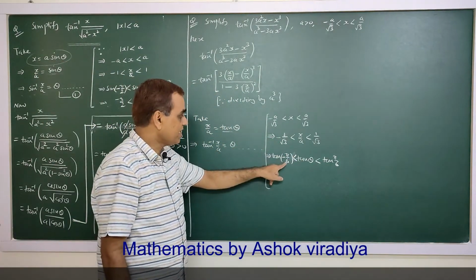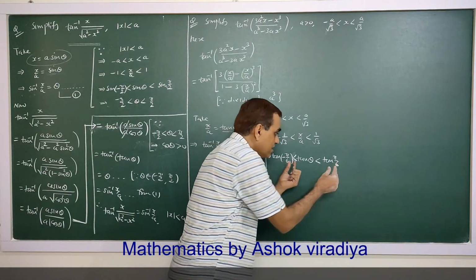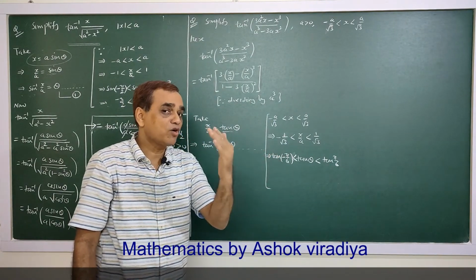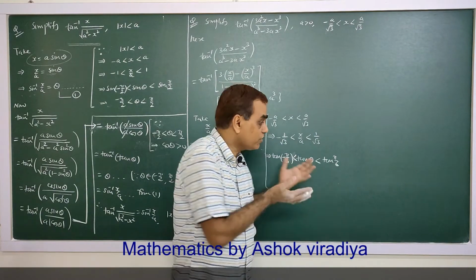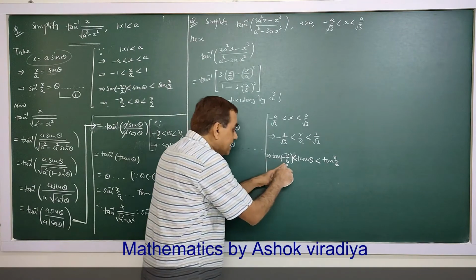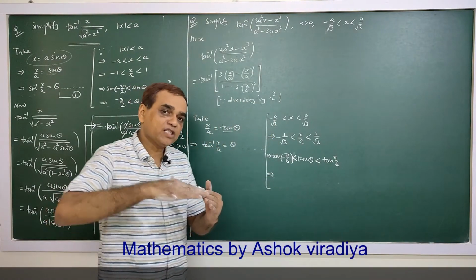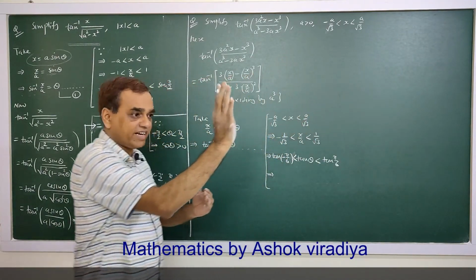Minus 1 by root 3 is tan of minus pi by 6. We select these numbers so that both belong to the domain of tan. The domain of tan is the open interval minus pi by 2 to pi by 2. So accordingly we have selected. Now tan is an increasing function. Moving theta from minus pi by 6 to pi by 6, tan is increasing and defined.